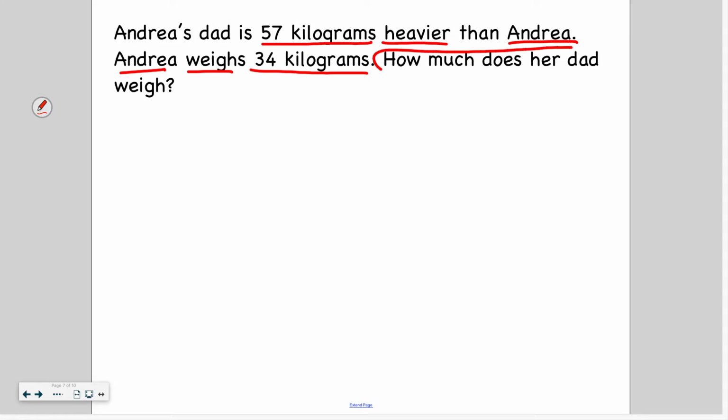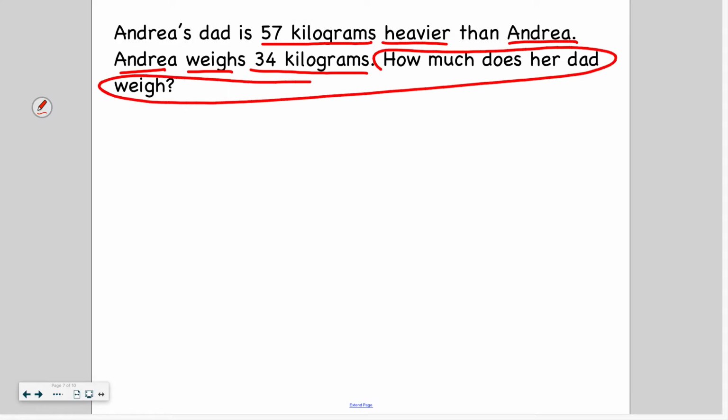How much does her dad weigh? So do we know Andrea's dad is 57 kilograms his weight? So it is not his weight. That's how much more he weighs. 57 kilograms heavier than Andrea. He weighs that much more than her.